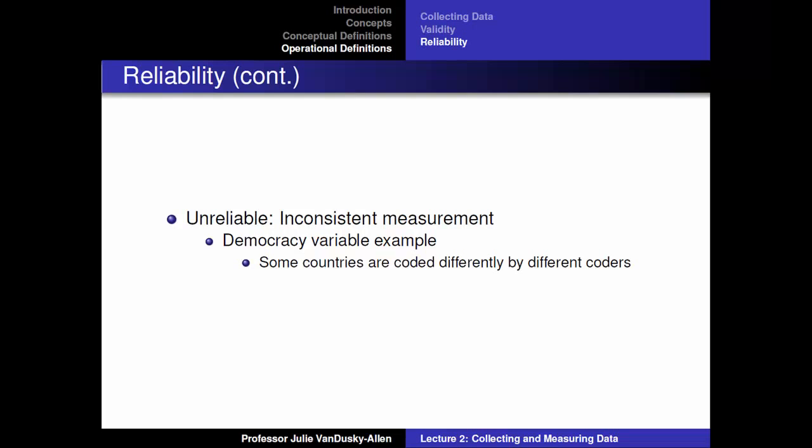A variable is not reliable if it does not consistently measure subjects or cases the same way when we apply our coding criteria to those cases multiple times. Using our democracy variable example, the variable would not be reliable if some countries were coded differently by different coders.